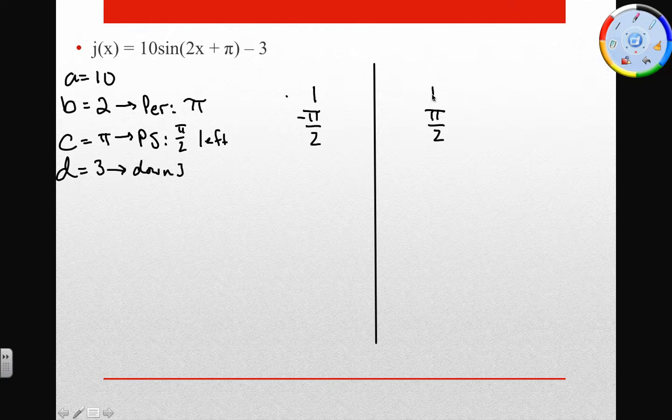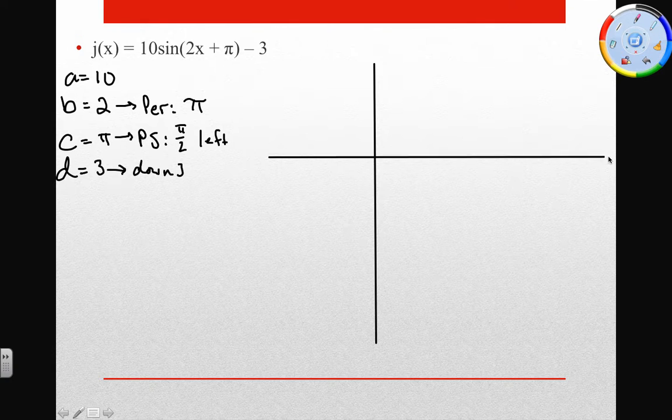I need to get rid of that line because I need to come down a little bit. So I did something kind of as error here, not thinking as I was doing this. My amplitude is 10, and I need to start at -3. So I need to go up 10 and down 10 from -3. So I'm going to need to be able to see some numbers that I couldn't see with what I drew there.